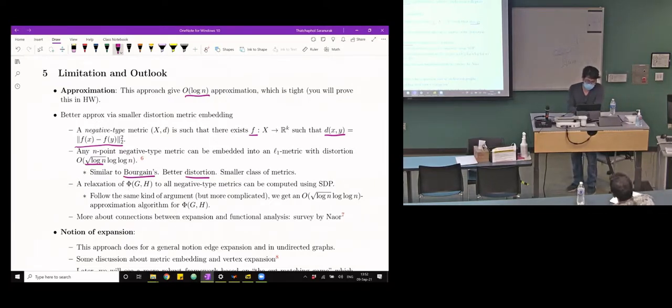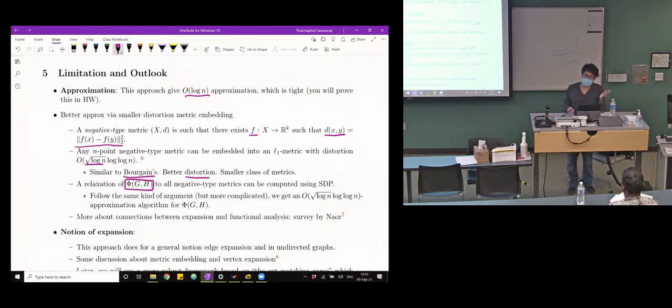Now it turns out that if you try to write the H expansion and follow the same approach we did in this class, but instead of relaxing the problem to all metrics, relax it to all negative type metrics, then you can solve that too.